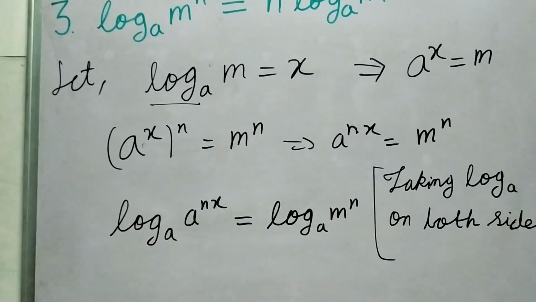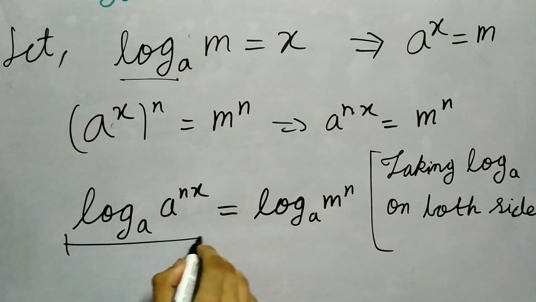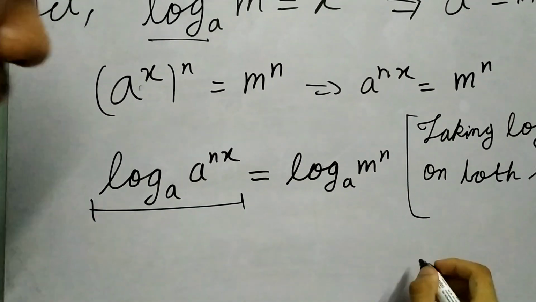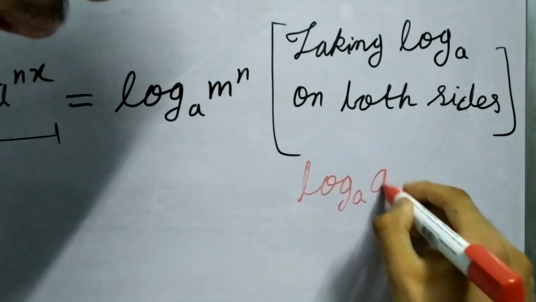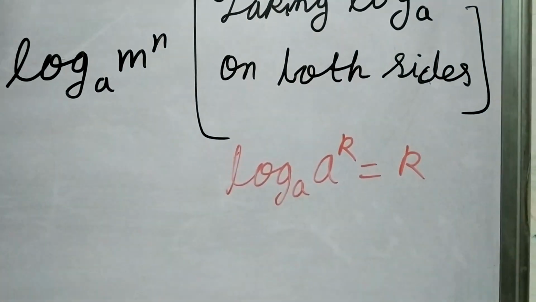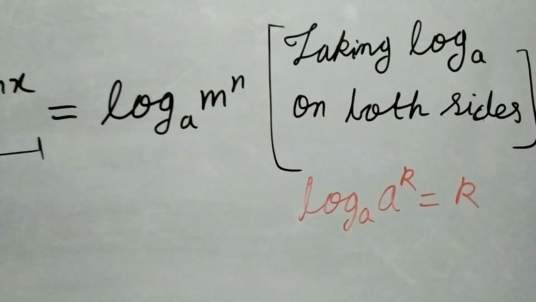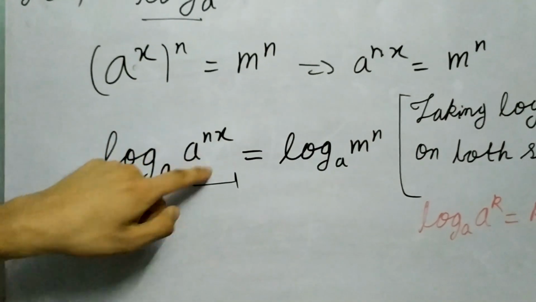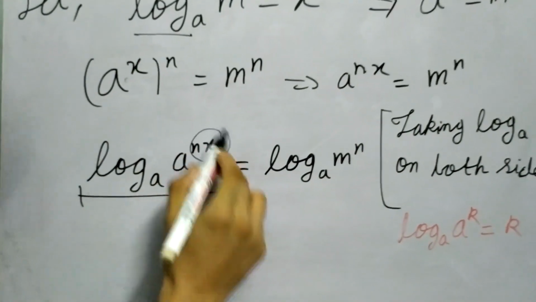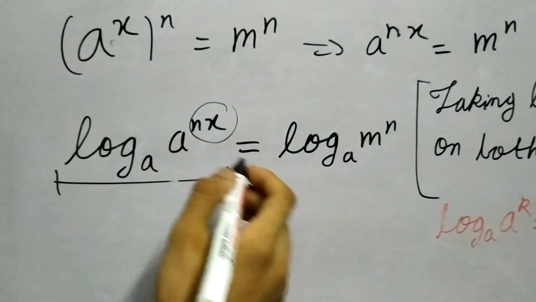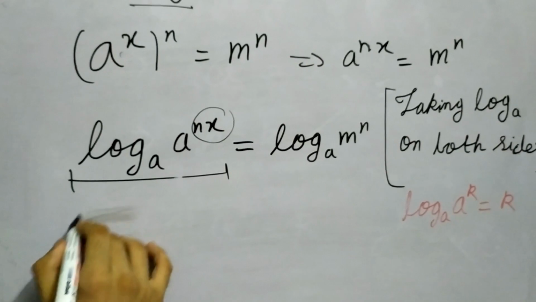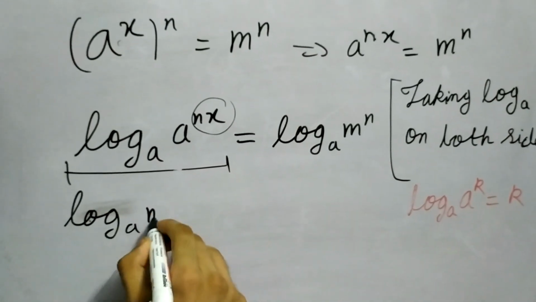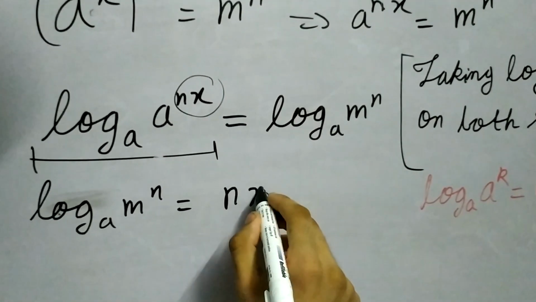Let's see what happens. Now we know this side. From our previous result we knew that log of a to the power some k is nothing but k. Now what is k in this part? k in this part is nothing but nx. So this will be nothing but nx, or we can say that log base a of m to the n is nothing but nx.